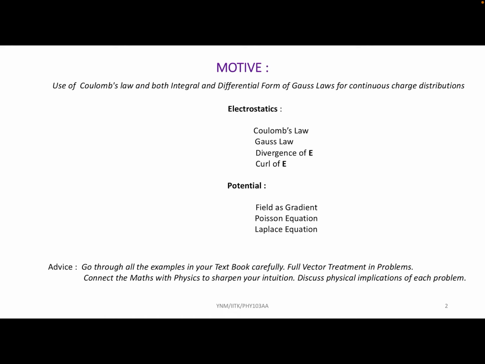In electrostatics, the charges are fixed, and there will be charges which we'll call charge density or rho, from which you can calculate the electric field, or given the electric field you should be able to calculate charges, and in potential formulation you should be able to go from charge to the potential, or given the potential find the charge, or connect these two.